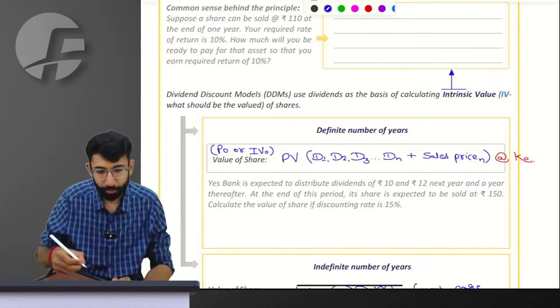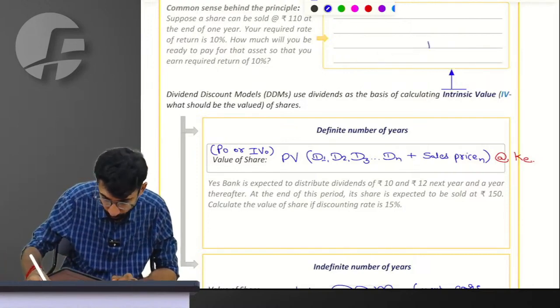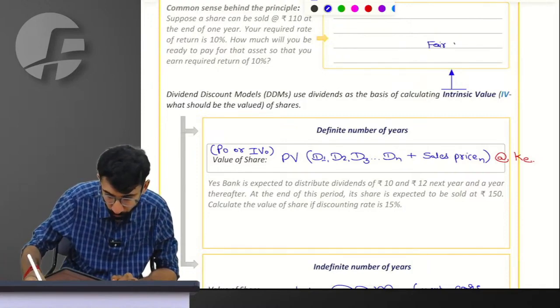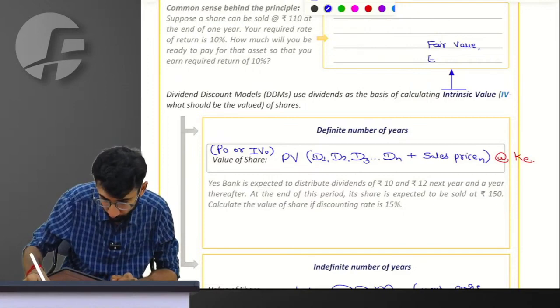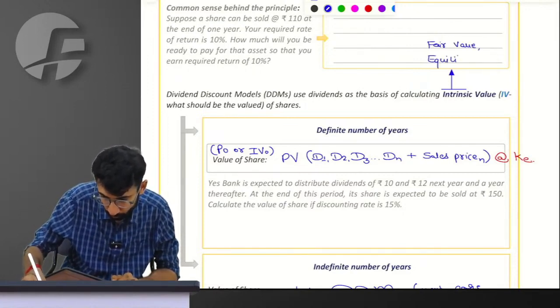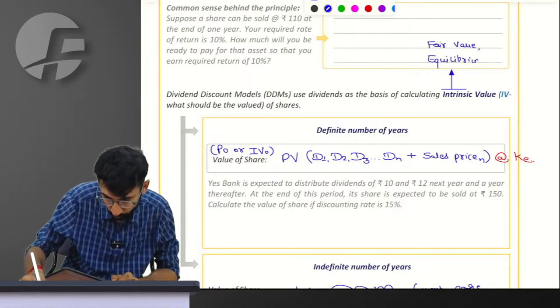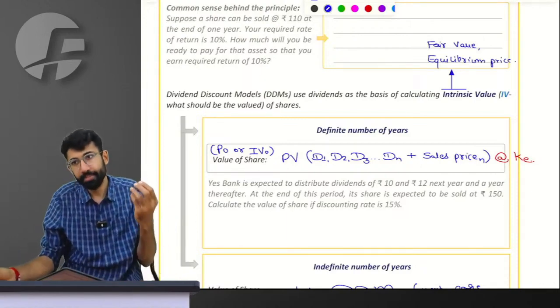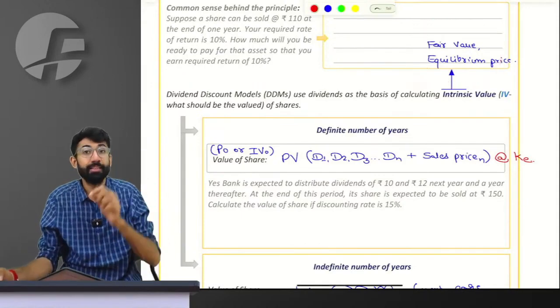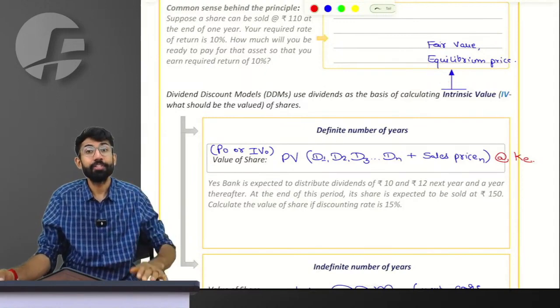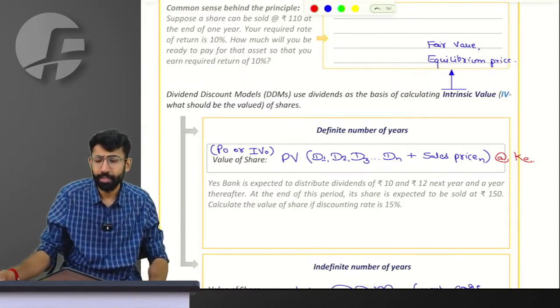What are the alternative words? Fair value, fair price, equilibrium price.